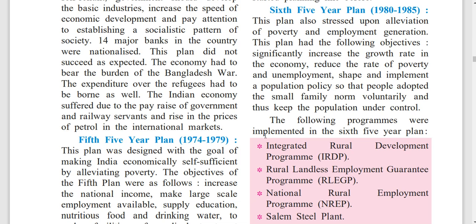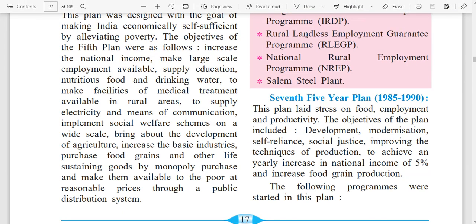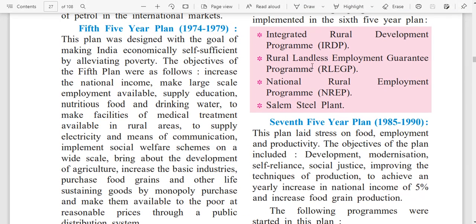The following programs were implemented in the sixth five-year plan: Integrated Rural Development Program, Rural Landless Employment Guarantee Program (RLEGP), National Rural Employment Program (NREP), Salem Steel Plant.